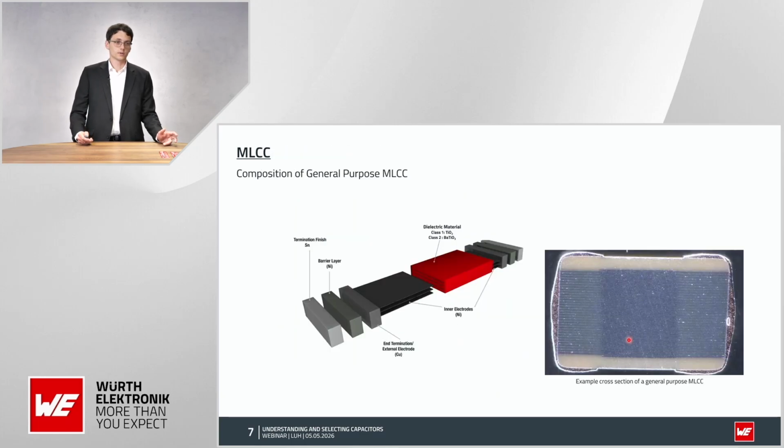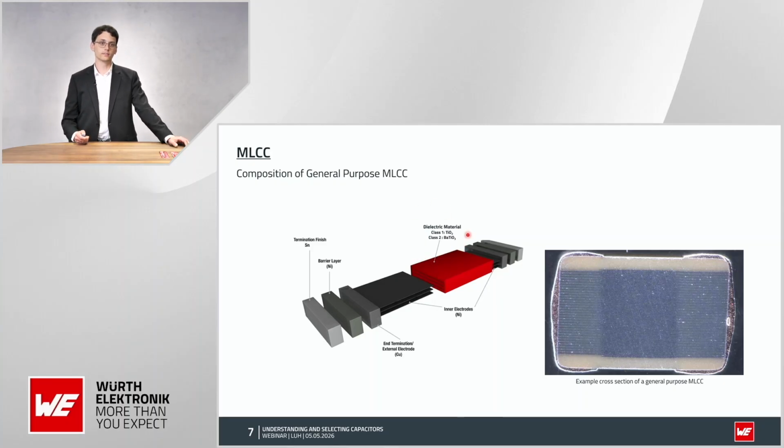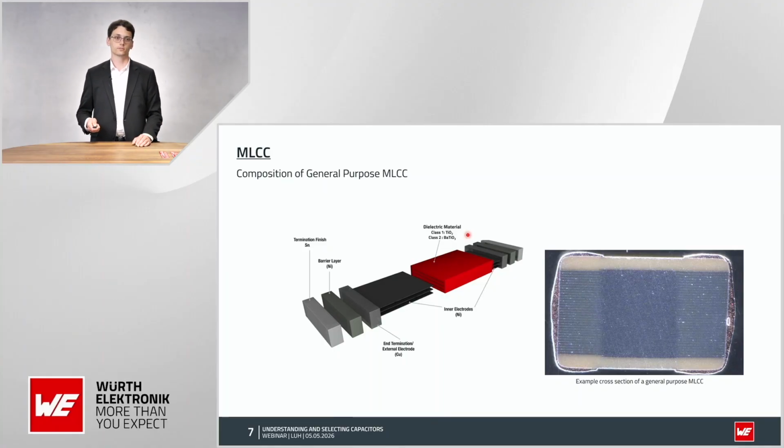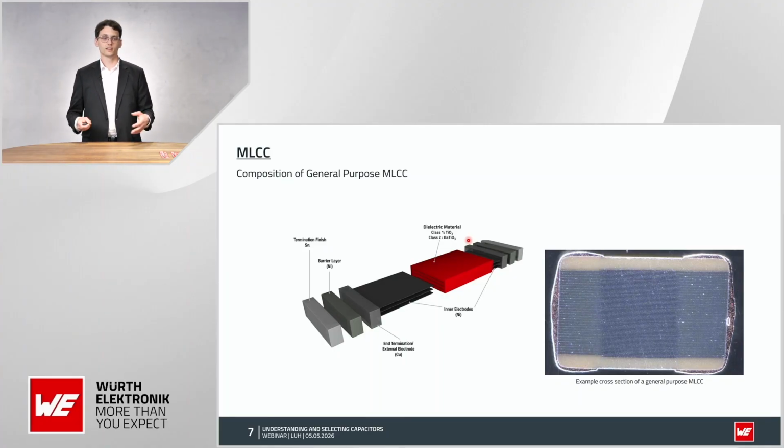Let's speak a little bit about MLCC. What I showed here is the general structure of an MLCC. You see here the termination layers, and then also here the ceramic body, which can consist of different materials. For class 1, for example, it's titanium oxide, and for class 2, it's based on barium titanate, but the materials always change a little bit, just some general indication.